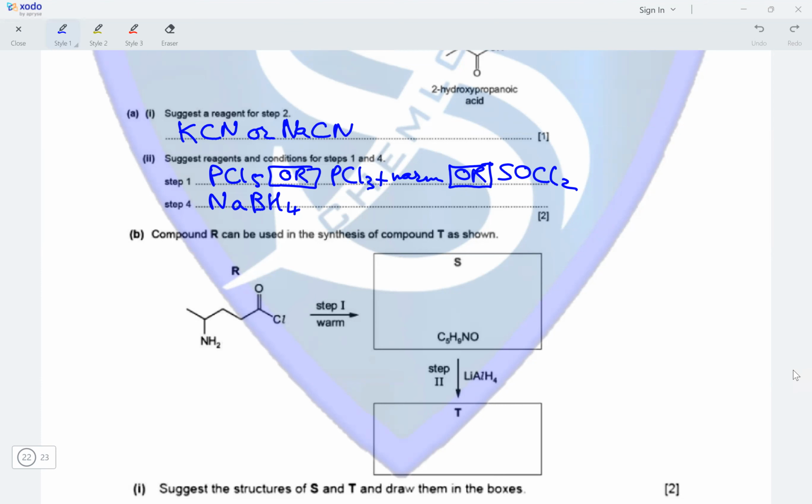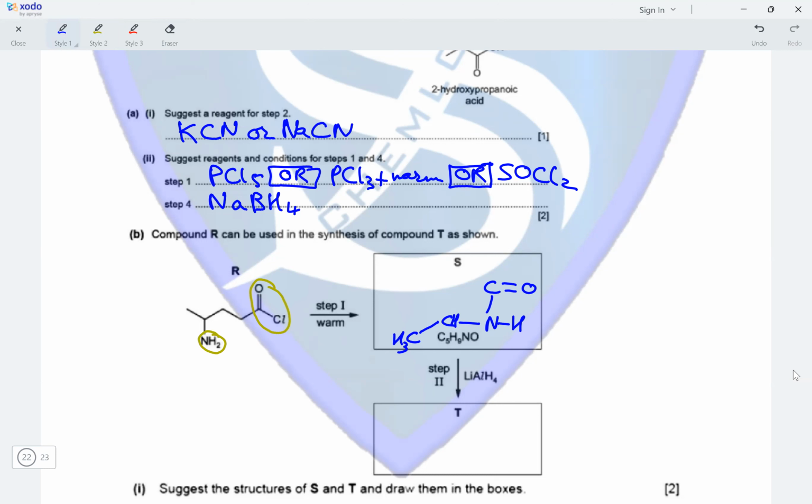So for the product S, they've asked us to suggest the structures for S and T and draw them in the boxes above. So we've got a C double bond O group bonded to an NH group. This is this and this part of the molecule. If they are bonded together, the remaining molecule would be the NH attached to a carbon atom, which is bonded to a CH3 group and also a hydrogen atom.